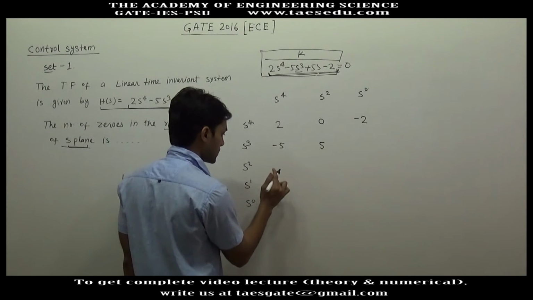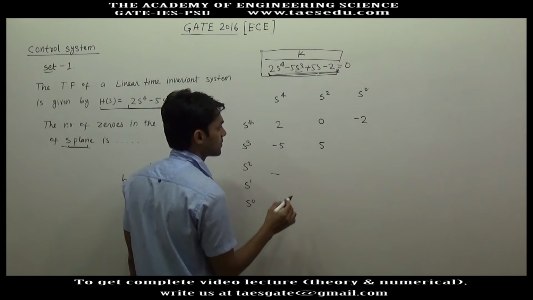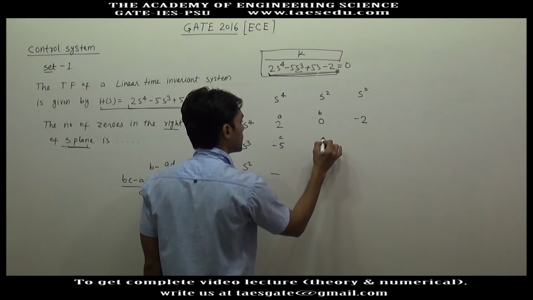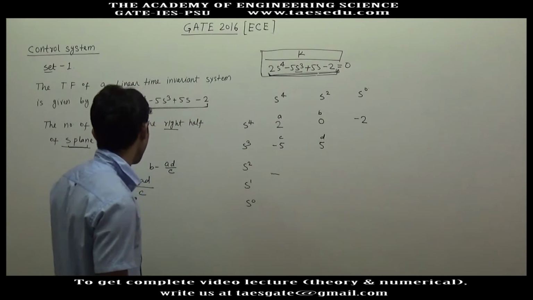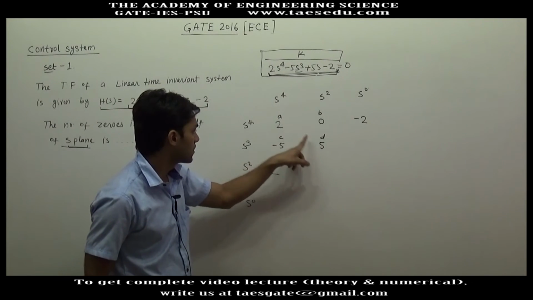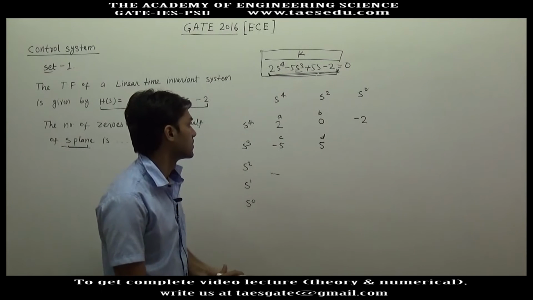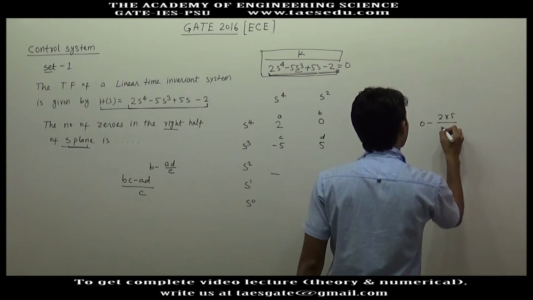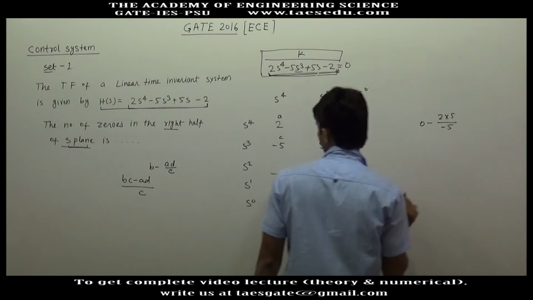For this element, this will be a, this is b, this is c, and this is d. So (0 minus 10) divided by minus 5, that is 0 minus 2 into 5 divided by minus 5, this will give you 2.